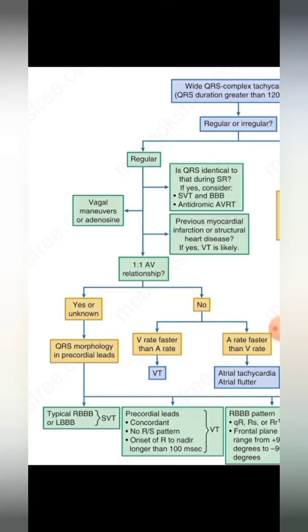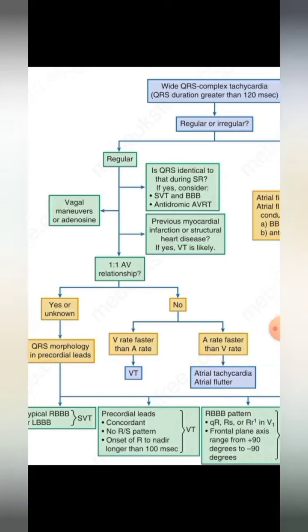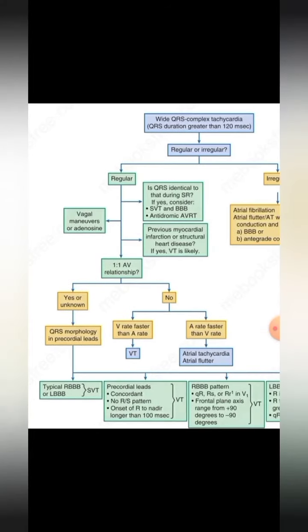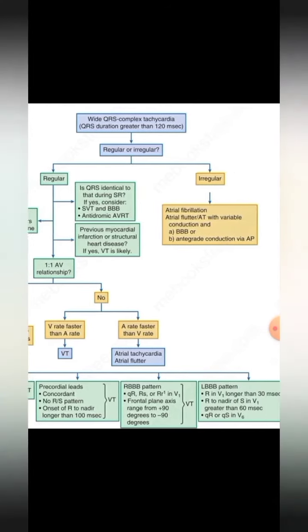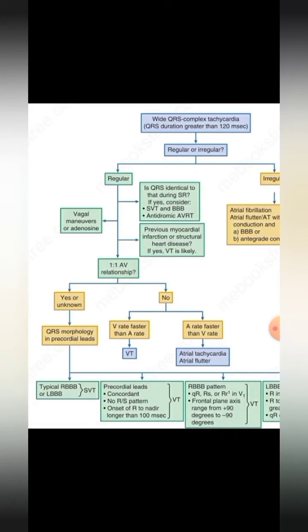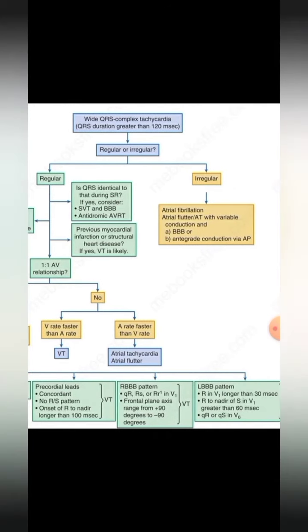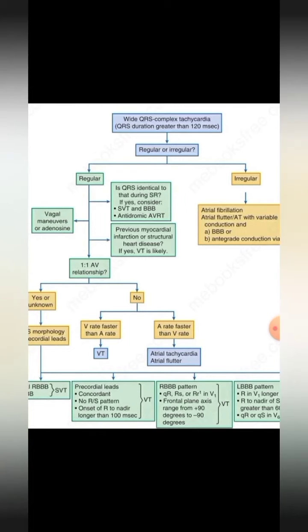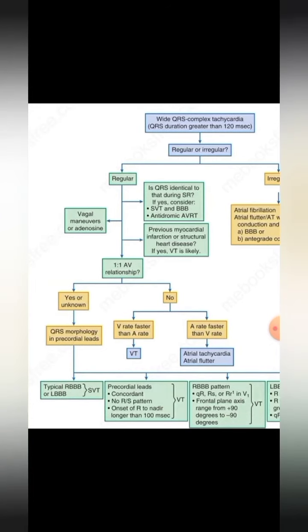So if there is one-to-one AV relationship and the QRS morphology in the precordial leads is typical of RBBB or LBBB, most likely it's SVT. All these parameters, which are discussed in this final row in green color, I will be discussing with examples and figures later in this video.